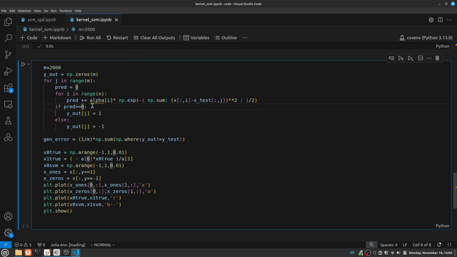No, it's greater than or equal to 0, right? If the inner product is greater than or equal to 0, then you declare it to be a 1; it's a homogeneous classifier, right? That's why it's greater than or equal to 0 instead of strictly greater. I'm trying to perform the predictions here. Okay, let's just see this.